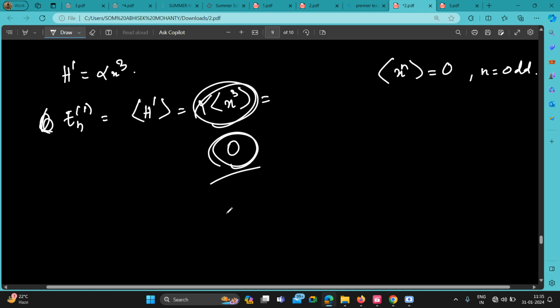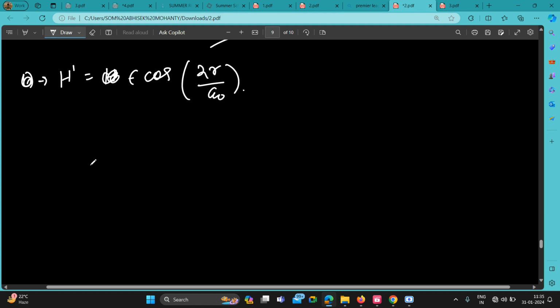Next, this one is your harmonic oscillator. Next is your hydrogen atom also. Right? Suppose if hydrogen atom is asked, perturbation of hydrogen atom. So suppose the question is for hydrogen atom, H dash is equal to epsilon cos 2r by a naught, where a naught is the Bohr radius.